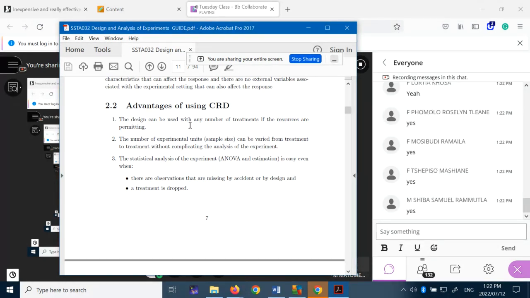Let's go to the second one. The number of experimental units, in our case the replications, can differ from treatment to treatment. So it's possible that you can have an experiment where, under each and every treatment, you don't have equal replications.